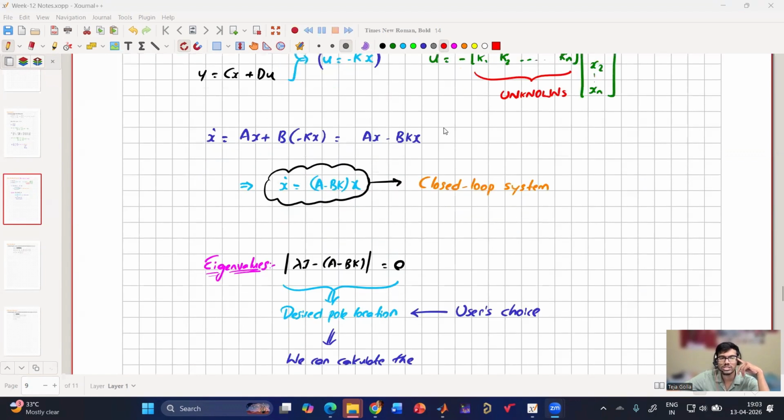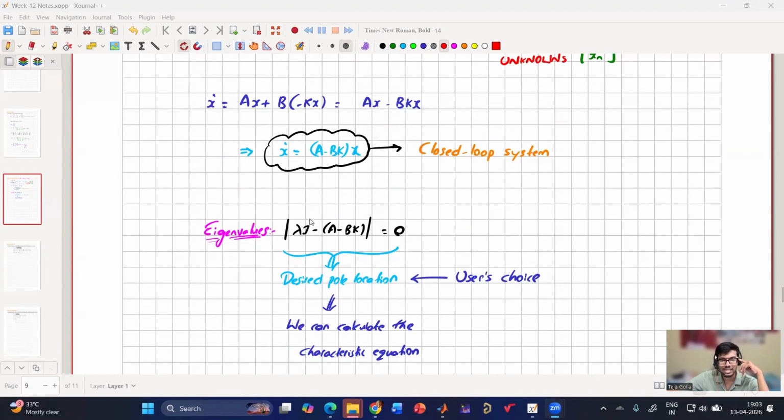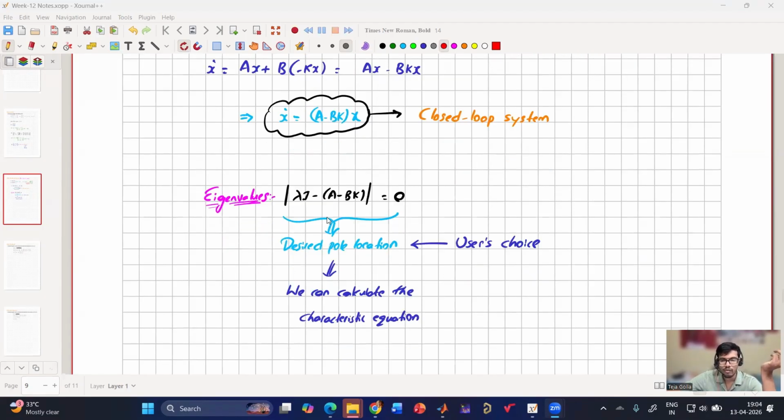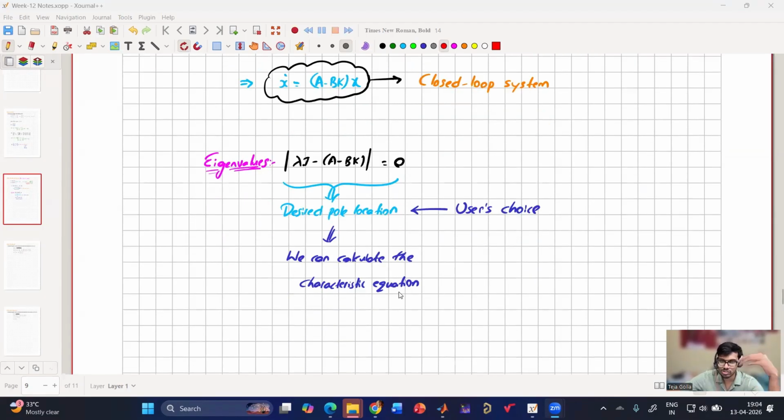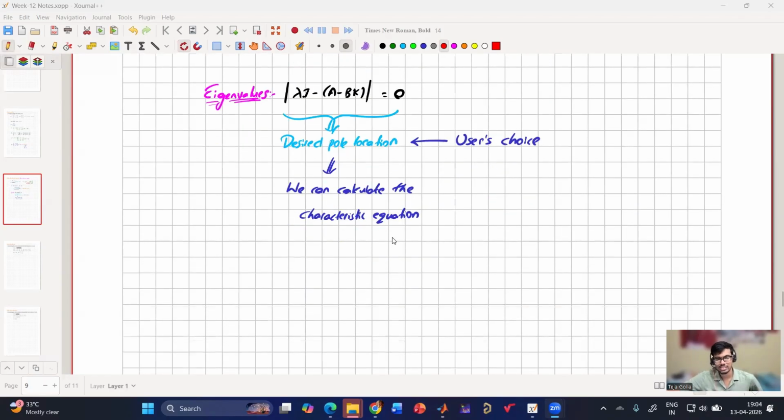So using this K, we can calculate this determinant, which will be a function of K. However, we know the desired characteristic equation. So we can compare the coefficients of the obtained characteristic equation with the desired characteristic equation, and then we will be able to obtain the gains K1, K2 up to so on Kn.